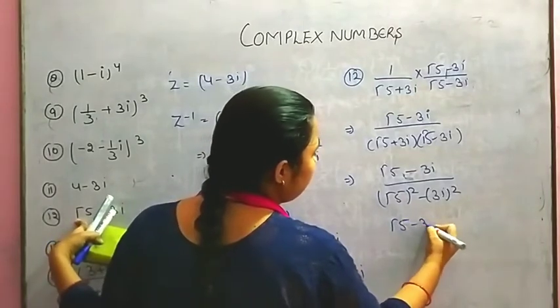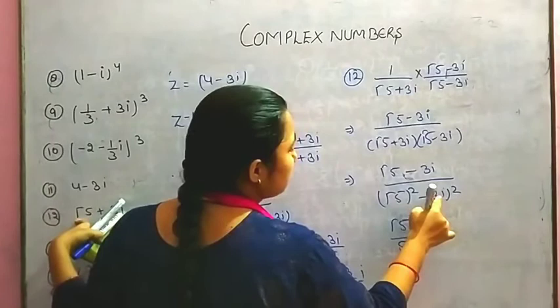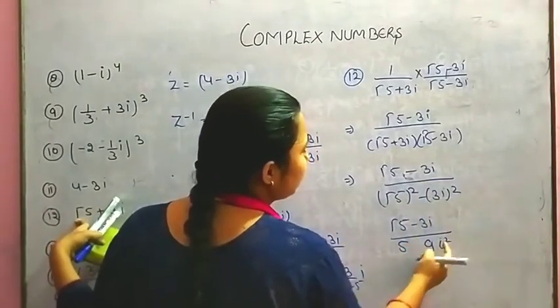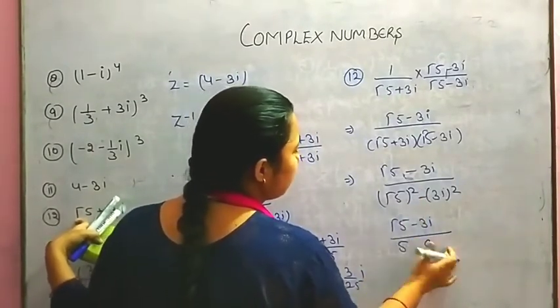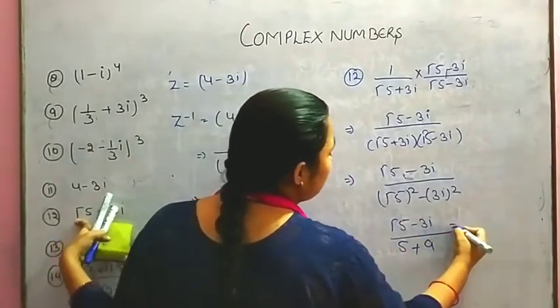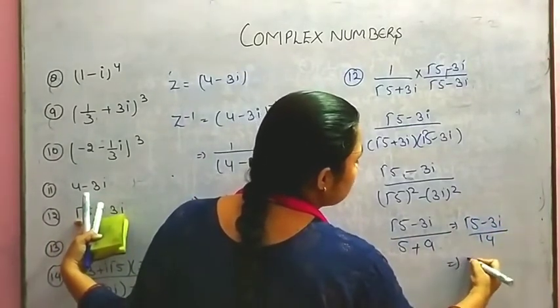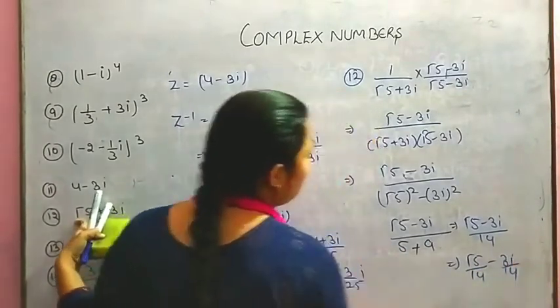Root 5 whole square we get 5, and for 3 whole square we get 9, and this is i square. Just put the value of i square, negative 1, and this negative becomes positive. So we get root 5 minus 3i by 14. So the answer is root 5 by 14 and minus 3i by 14.